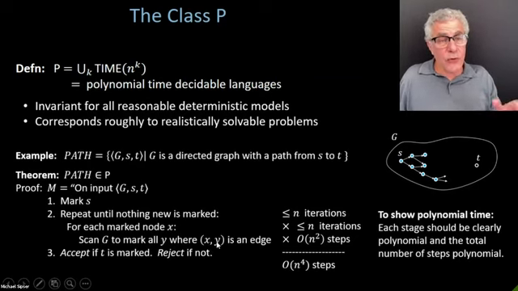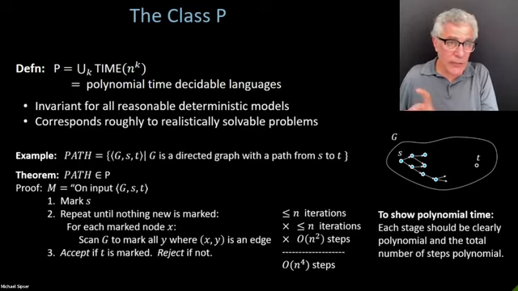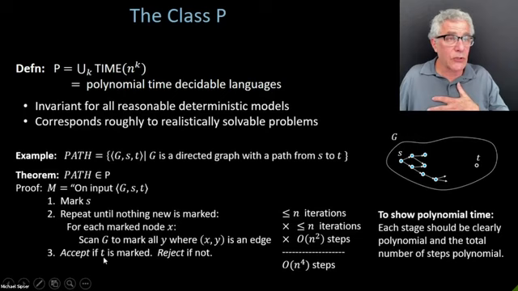And then as you're going through every other edge, you can go back and compare X with the X of the edge and then find the Y. It's just going to be too messy to talk about here. I'll leave this as an exercise to you. I'm not going to try to fumble my way through explaining why you can do this in n squared steps, but it's not hard.